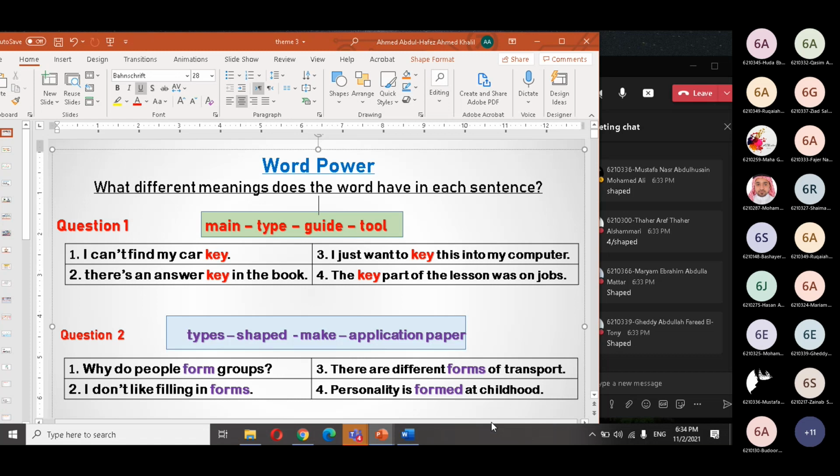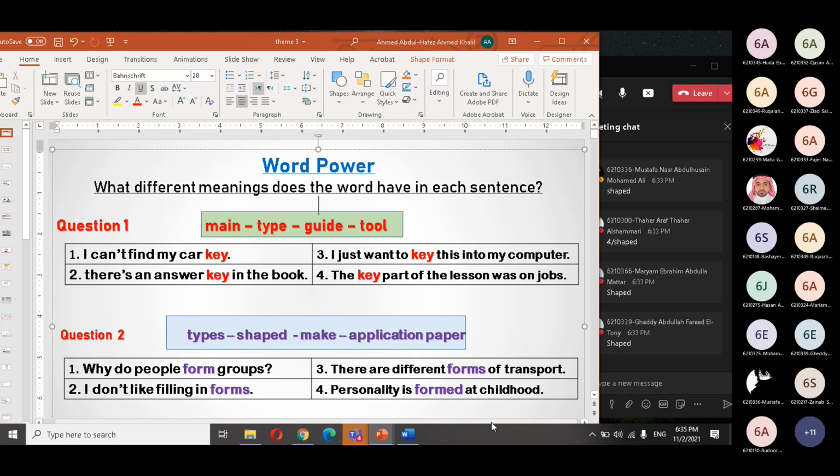And number 4, personality is formed at childhood, is shaped, at childhood. Okay? So, as I told you, the idea here is that most English words don't have one meaning, and the meaning depends on the sentence.